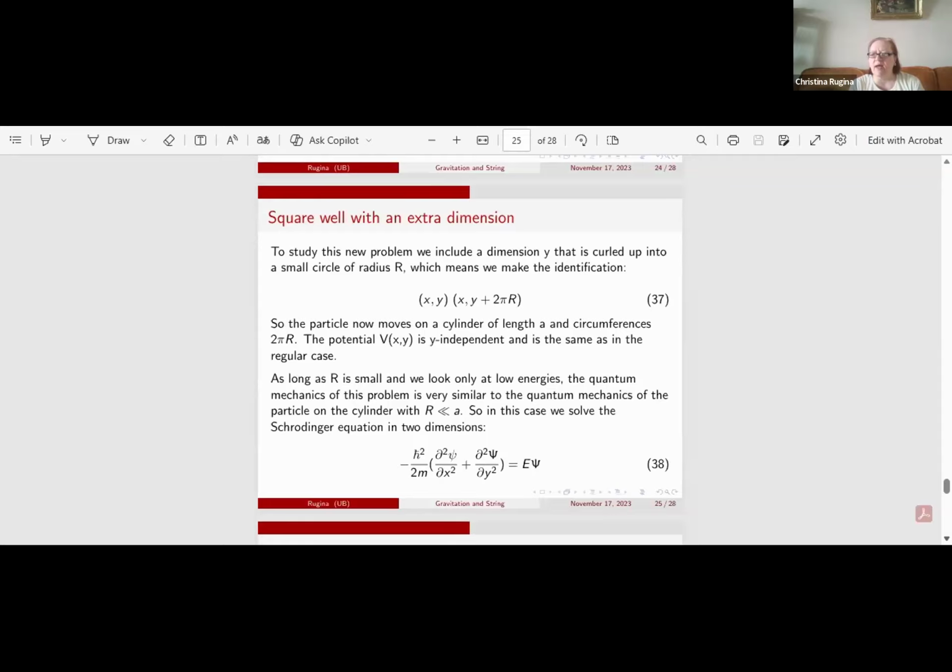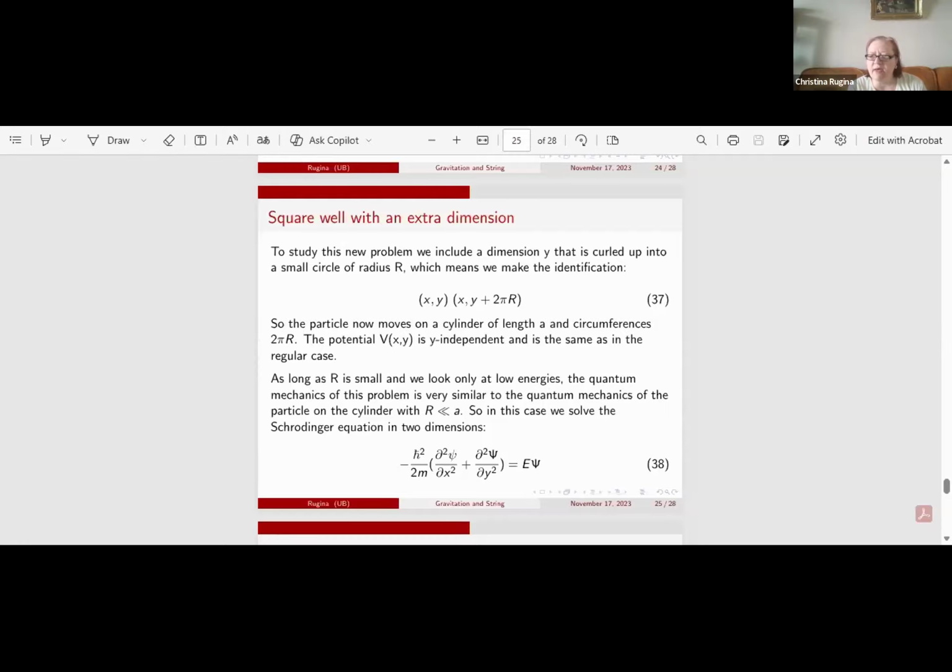Only this time we say it's compactified, so it's curled up into a small circle of radius r, which means this identification. There should be an equivalent sign here, another typo. So the particle now moves on a cylinder of length a and circumference 2 pi r.